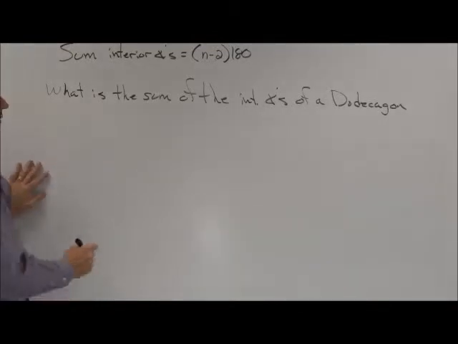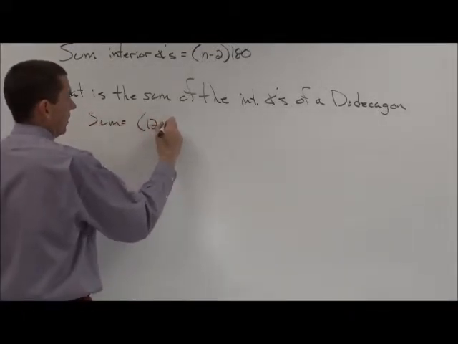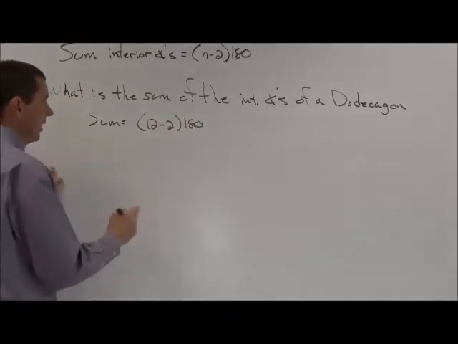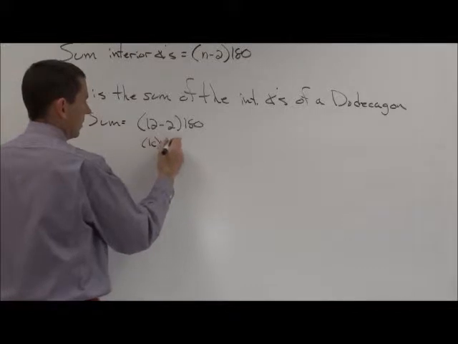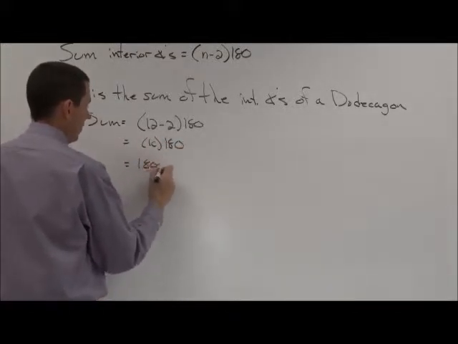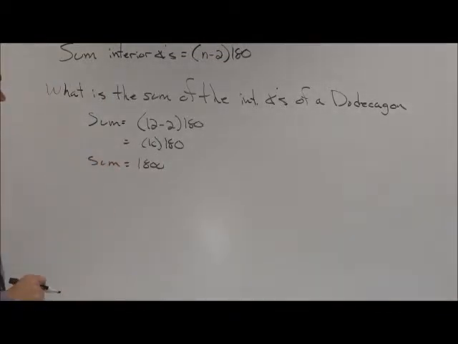In this case, n is 12, so the sum equals 12 minus 2 times 180. 12 minus 2 is 10. 10 times 180 is 1800. So the sum of the interior angles of a dodecagon is 1800.